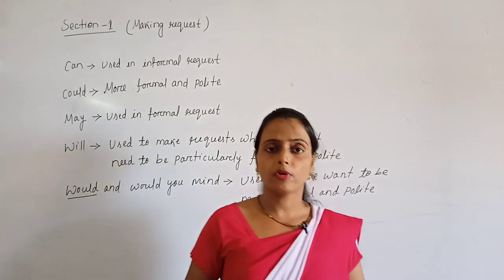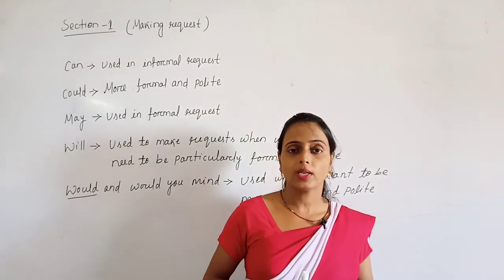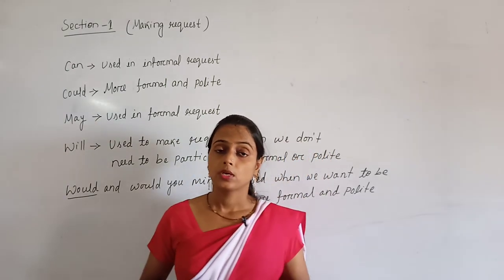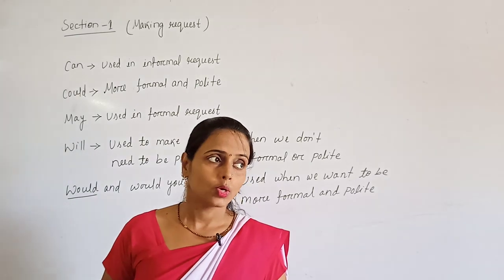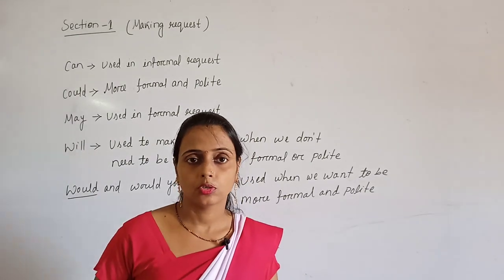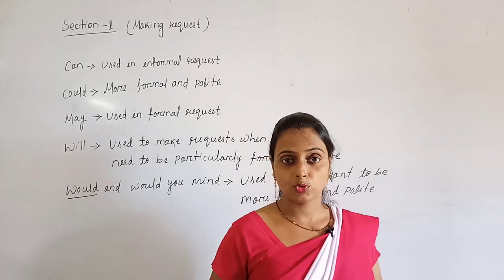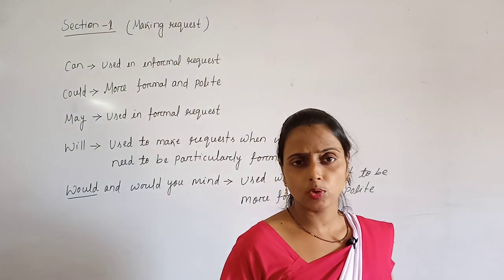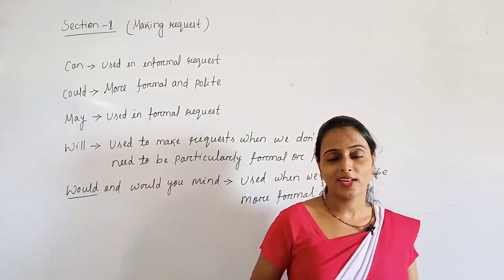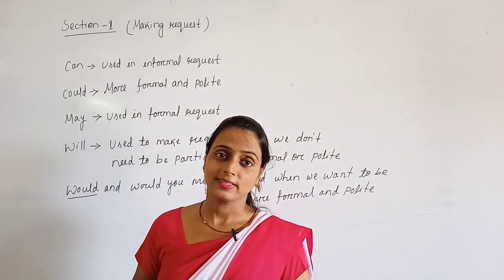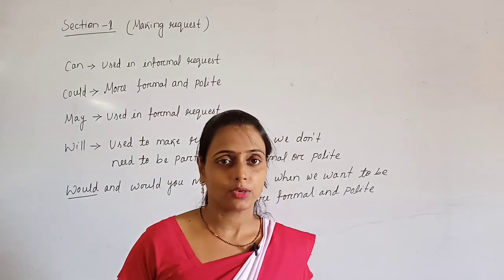What is informal request? Formal requests are those requests when we make them to a teacher, to a person who is superior to us or to unknown people. But whenever we are making a request to our mother or to our close friend, we are not following any rules and regulations. Yes or no? So, in that case, our request is informal request.